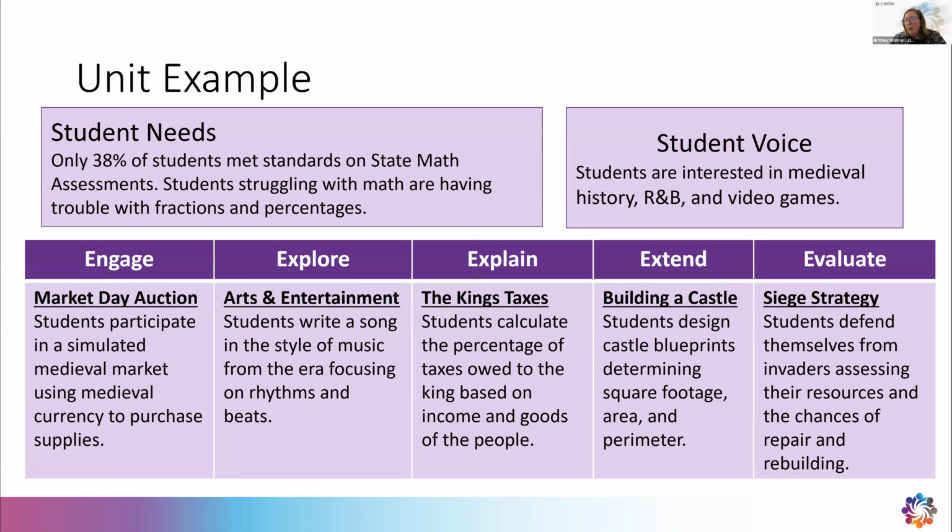And here we're going to be working on a strategy where students are to defend themselves from invaders, assessing their resources, their stockpiles, and the chances of repair and rebuilding. Again, very short descriptions for you for some of these activities, but hopefully you can start to see how they connect to the E that they are associated with, right? But also directly with the student voice and student needs.